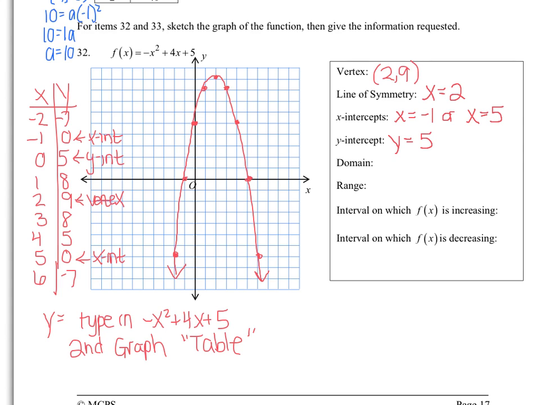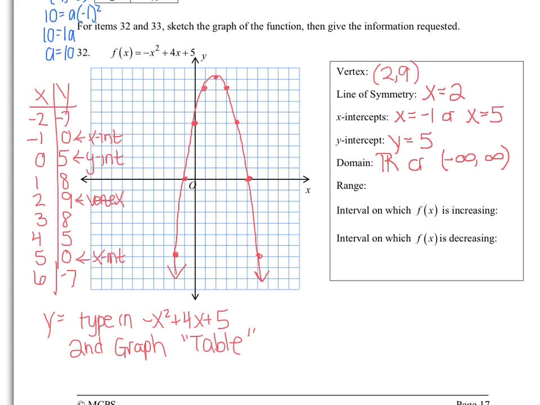Now this is a quadratic function, so my domain, which is the set of all x values that are on my graph, is going to be all real numbers. So you can write it as R, or all real numbers, or you can do -infinity to +infinity, both with parentheses because we never include infinity. It is not a number.